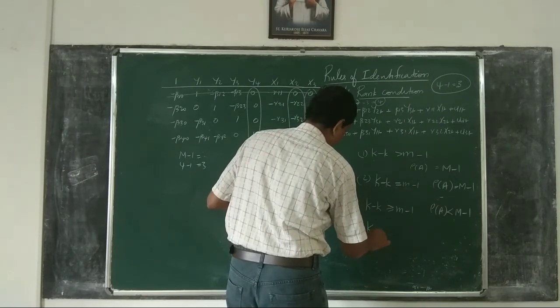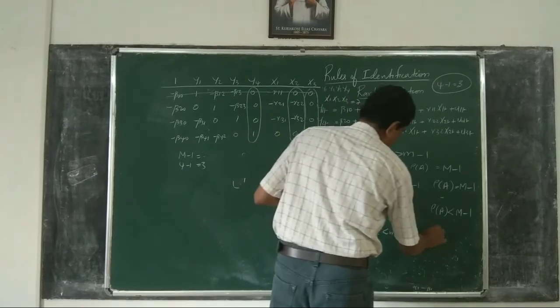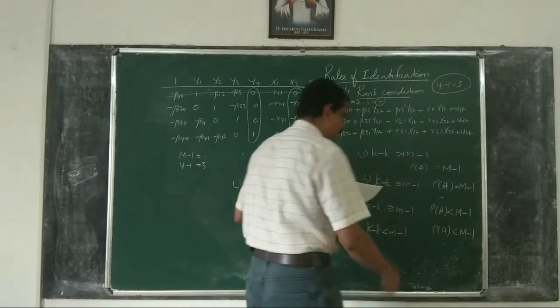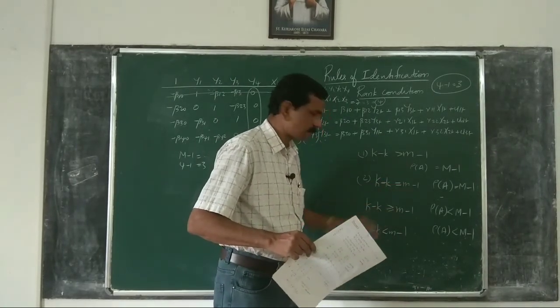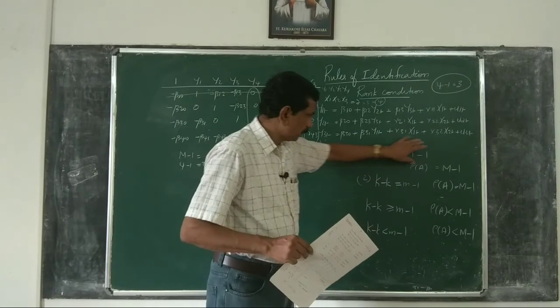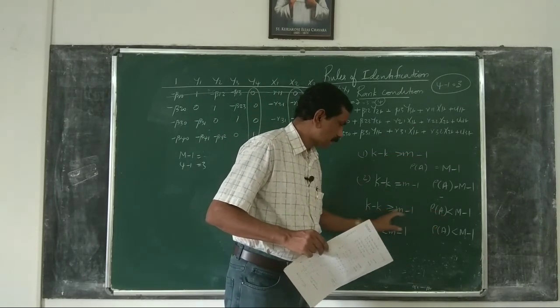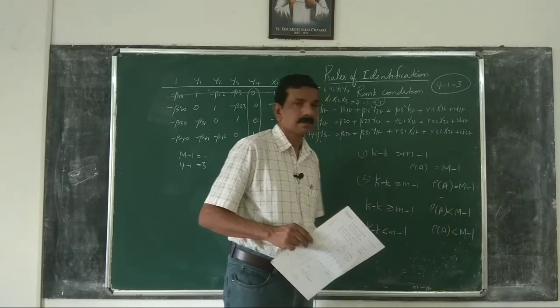Then K minus k less than m minus 1. In this case, the rank of A will be less than m minus 1. It is under-identified. There is no doubt about this. Remember these points also. Even if the order condition is satisfied, if the rank condition fails, it is not identified.